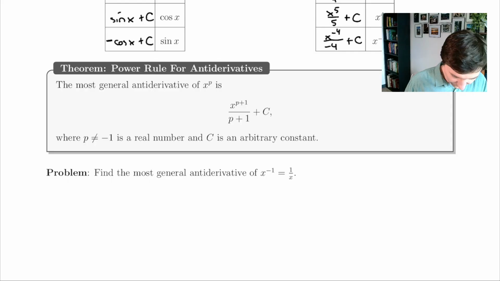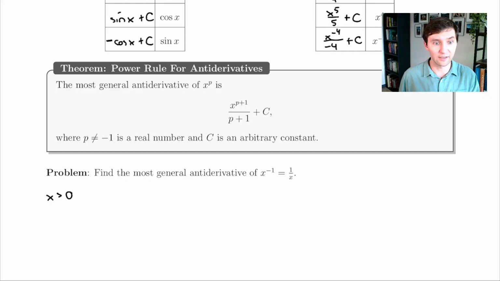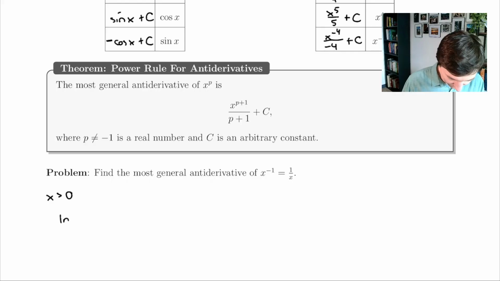If I first assume that x is greater than 0, I look at the interval between 0 and infinity, and I take the derivative of ln of absolute value of x plus c.